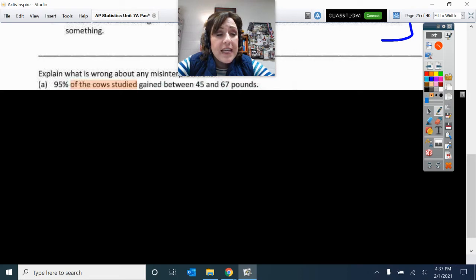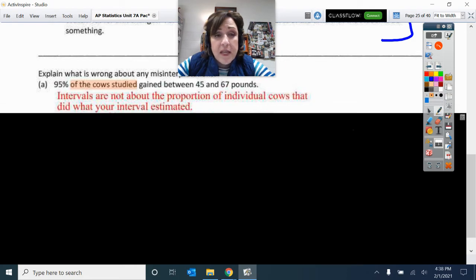95% of the cows studied gained between 45 and 67 pounds. So that's talking about 95% of all of the individual cows are going to be in my interval. No, no. Remember, no on anything being in my interval, except if my interval captured the real amount.